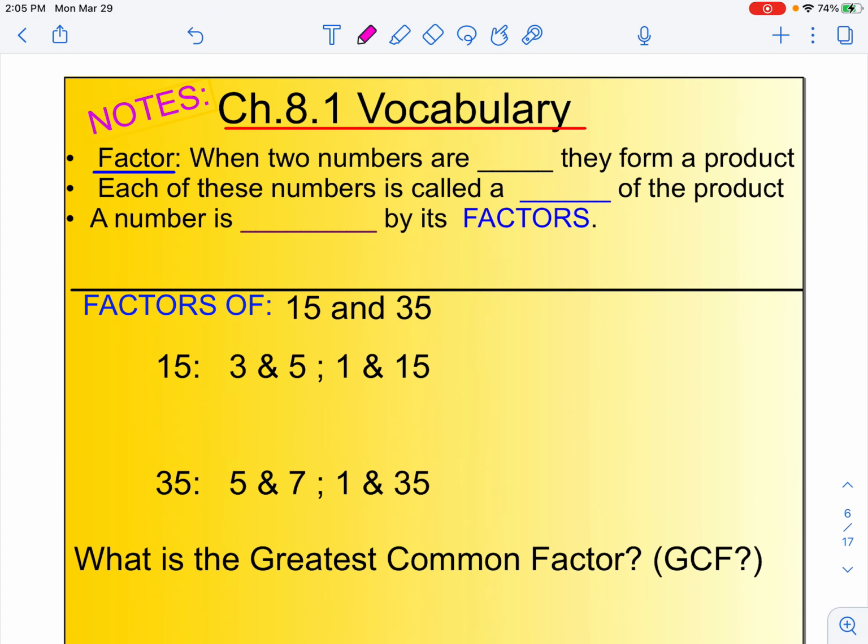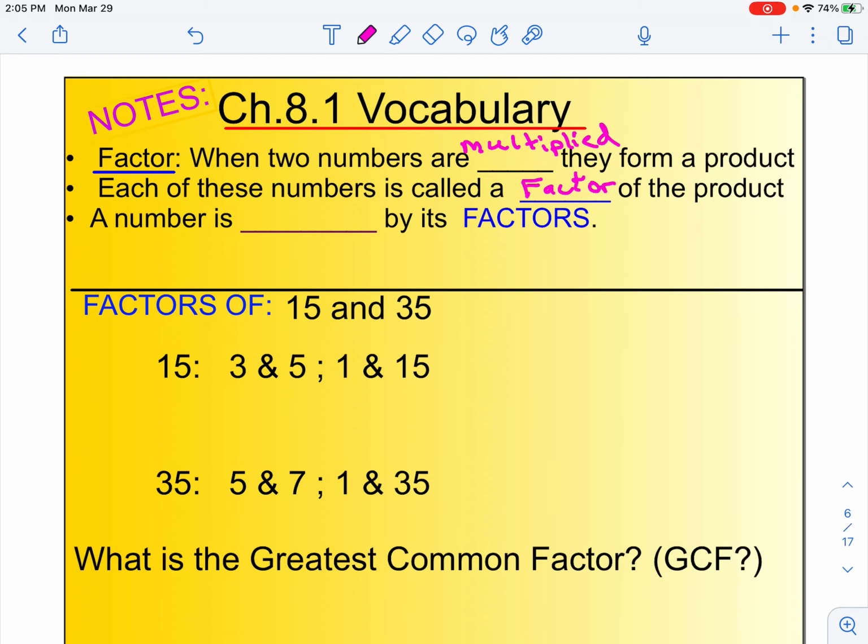So a factor of each number is when two numbers are multiplied, they form a product. And each of those numbers is called a factor of that product.